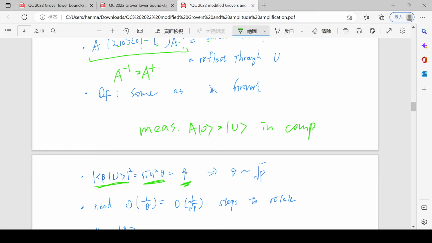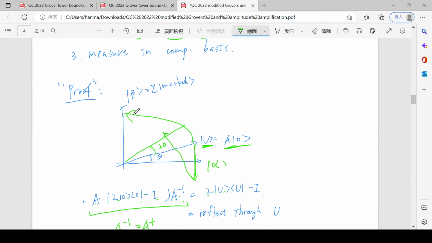And anyway, from this relationship, assume P is small, so we can approximate sin theta with theta. Then we get theta is about square root P. And we need order 1 over theta steps. So that's order 1 over square root P steps to get the marked item.